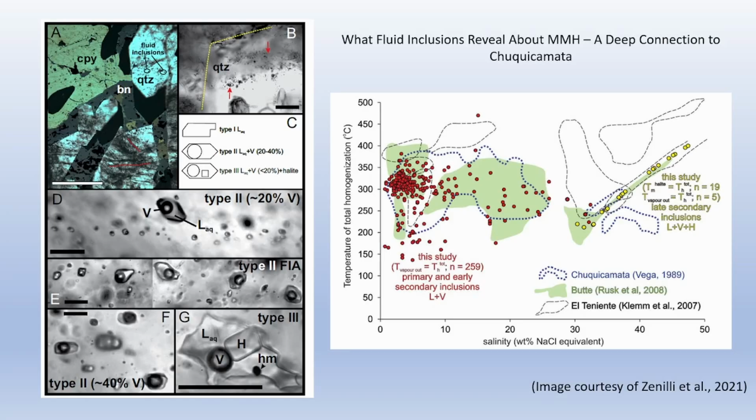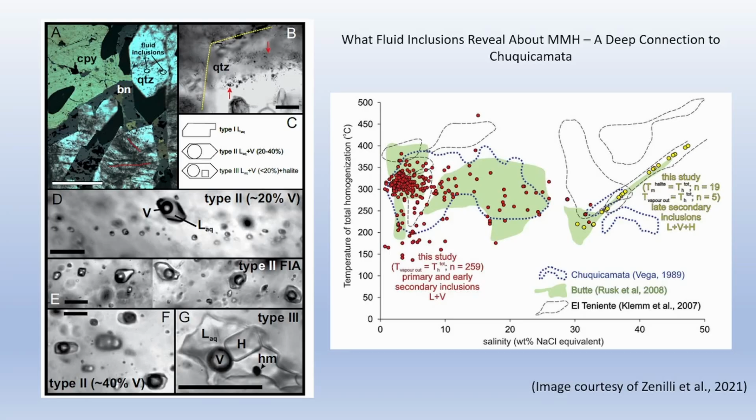And it tells us that MMH was not some odd breccia or shallow vein. It was part of a deep hypogene porphyry system, likely formed 5 to 8 kilometers below the surface.